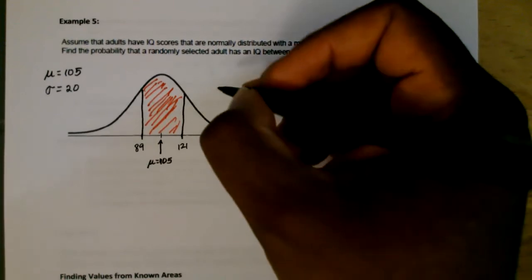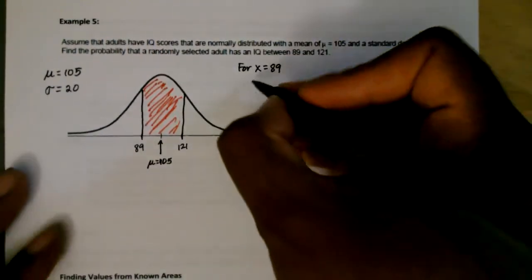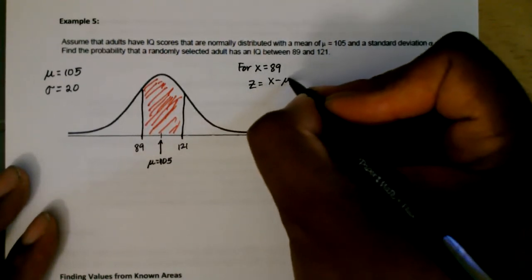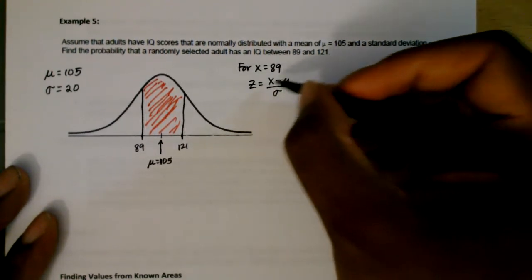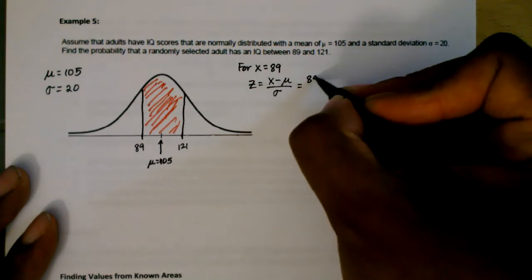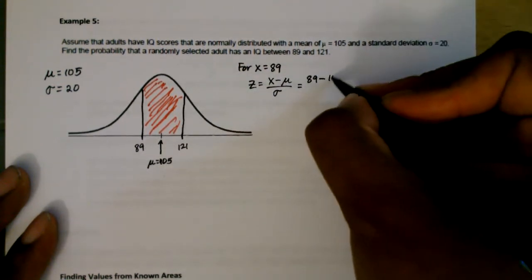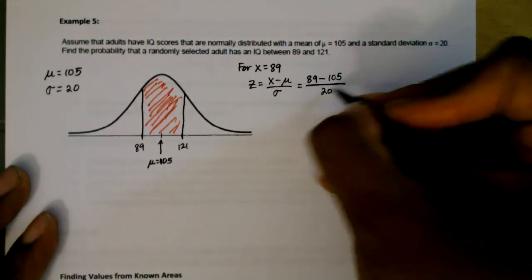So let's start by converting the 89 and 121 to z-scores. For x equals 89, we use this formula, z is equal to x minus mu, all divided by sigma. x is 89, so that's 89 minus, the mu is 105, divided by sigma, which is 20.